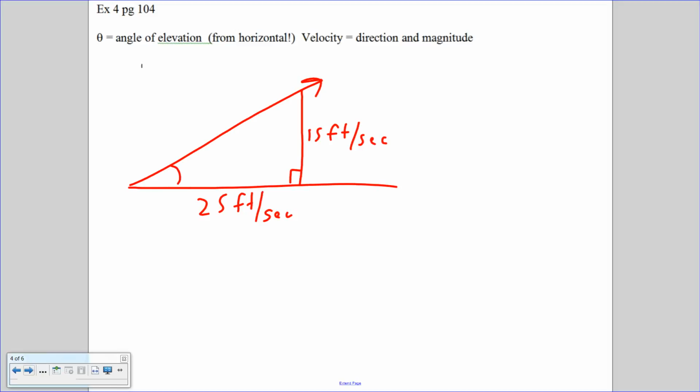The question is, find the velocity. Now, velocity means two things. Velocity is a vector, and therefore you have to have two answers on velocity. One is the length, and the other one is direction. That means that I want to have my theta, which is the direction from the horizontal, because it makes sense in the problem.